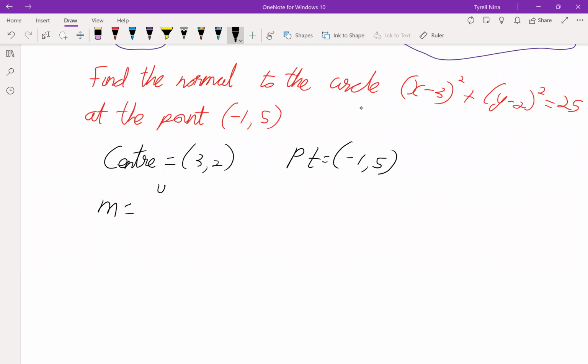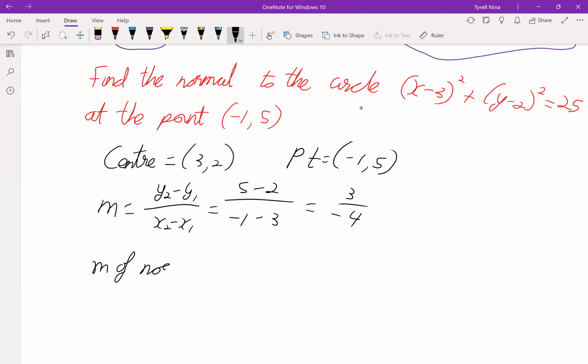M is y2 minus y1 over x2 minus x1. So we'll go 5 minus 2 over -1 minus 3. So we get 3 over -4.